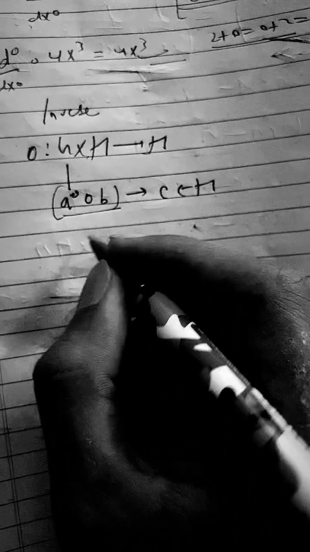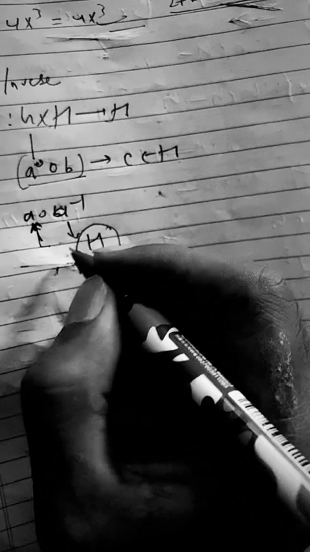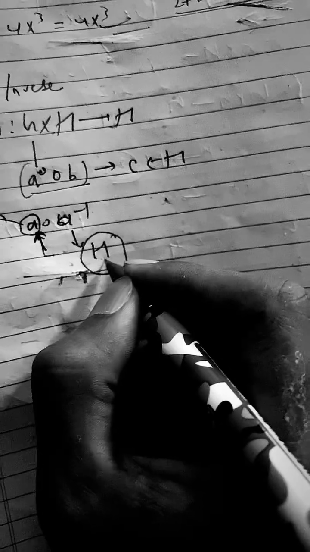But again it is not defined, because A times A inverse is what? It means A inverse is coming from H, but that is not true, because the operator A is coming from G. Its inverse cannot be in the set H, it should be in G.